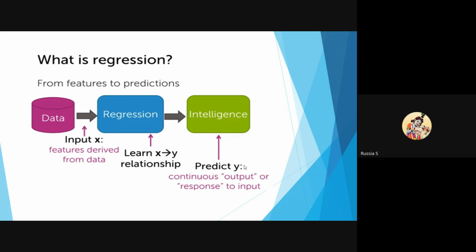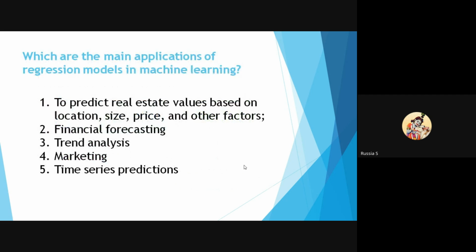So it is the relationship between the two features. What are the main applications of regression models in machine learning? To predict real estate values based on the location, size, price, and other factors. This is the famous data set, house price prediction, already very familiar and available in the Kaggle data repository.